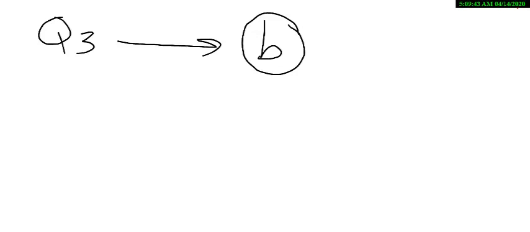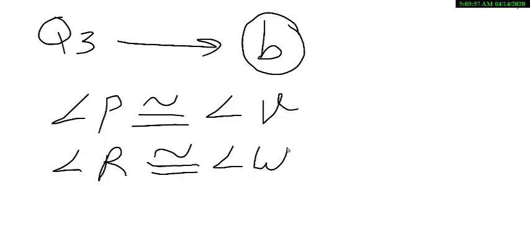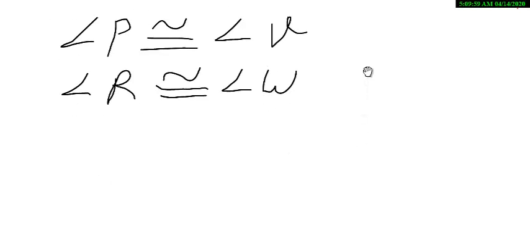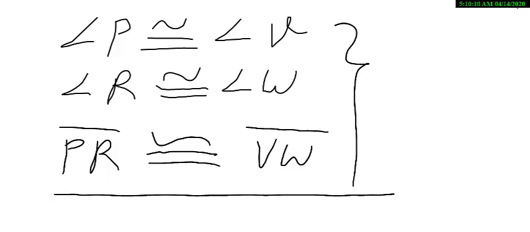So here I got the conclusion that angle B is congruent to angle V from the graph, and angle R is congruent to angle W. And finally, the side BR is congruent to the segment VW, and this will give us the conclusion that the two triangles are congruent by the statement angle-side-angle.